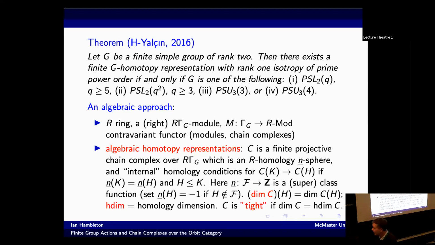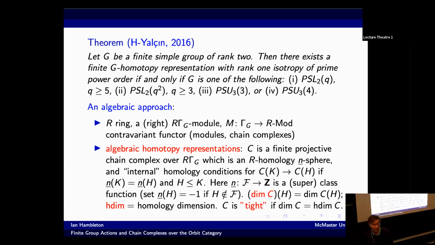In other words, the highest dimension where the homology is not zero, that's the homological dimension. The term tight may be made up for the purpose, but it compares the homological dimension of your complex and the actual chain complex dimension, in other words, the biggest dimension of cells. If they're the same, that's tight.